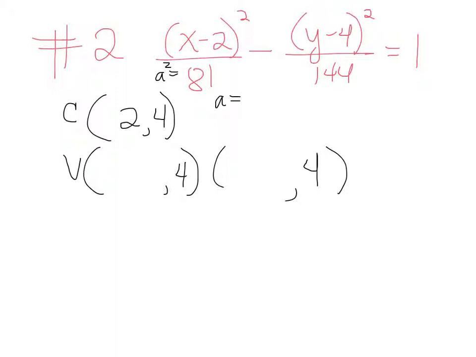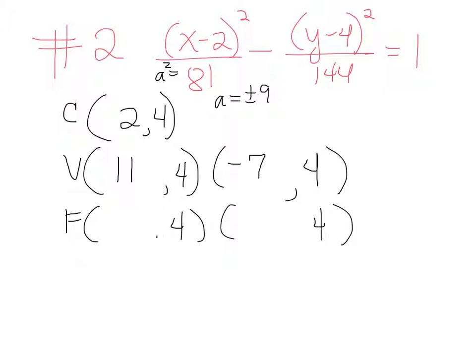So a would be plus minus 9, right? So then 2 plus 9 would be 11, and 2 minus 9 is -7. And then for the foci, again, the y coordinate is going to stay the same, so we need to find the c. To find the c, c squared equals, I can just put the square root of those two. So it's 81 plus 144, and that is 225, and the square root of that would be plus minus 15.